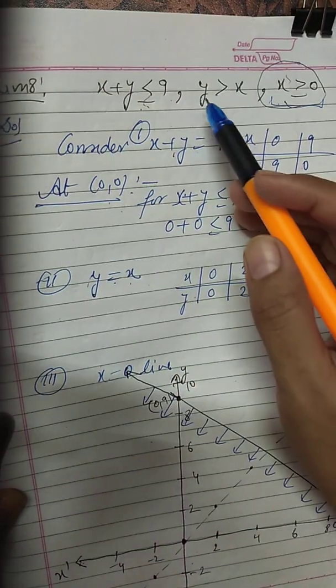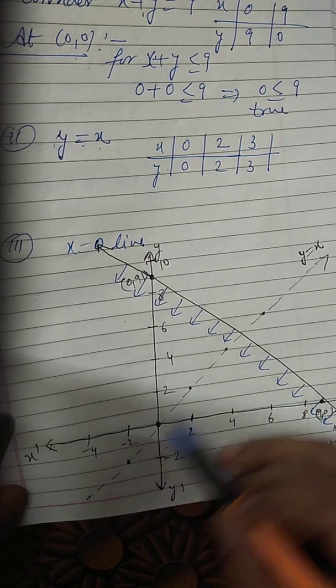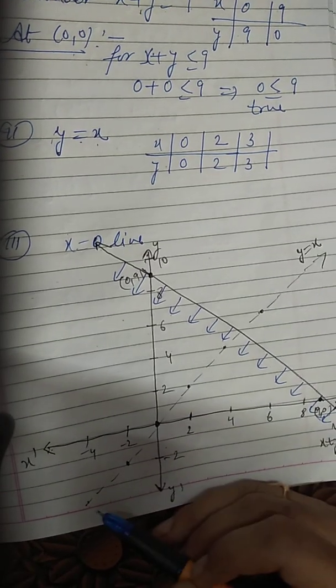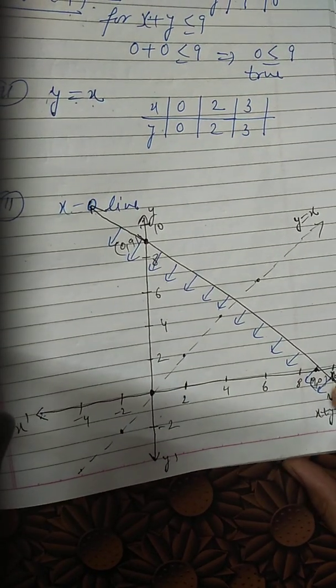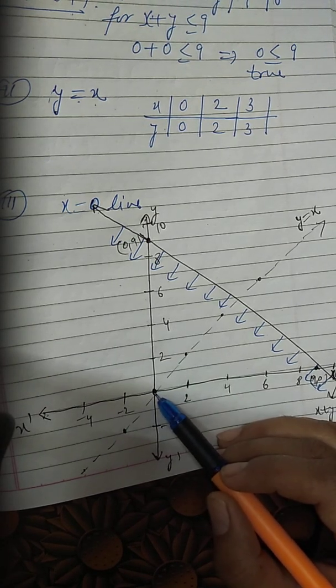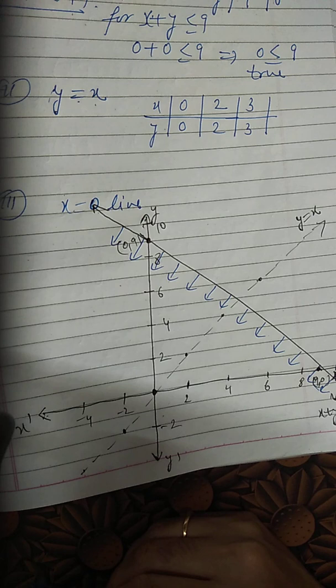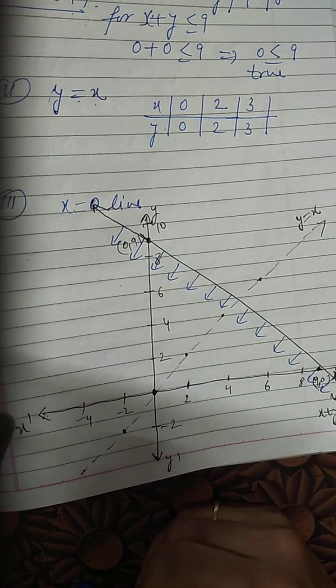Okay, now second, y equals x, that means y is greater than x. Now when I have plotted the line y equals x, this line is passing through the origin. So for this particular line, I cannot check at the point 0, 0, because that is the point through which the line is passing. So I have to take any point which is not lying on the line.